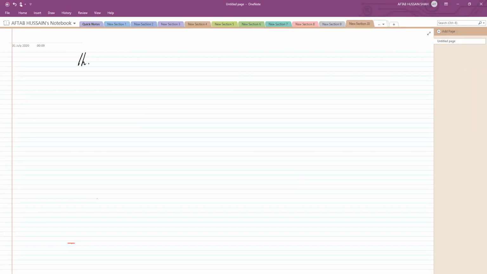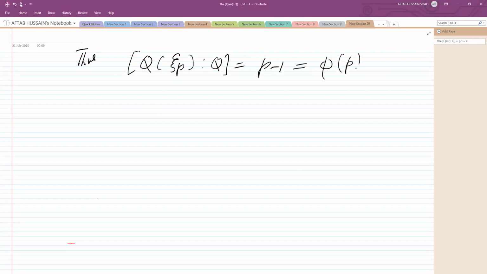So thus the degree of extension of Q(zeta p) over Q is p minus 1, and p minus 1 is phi of p, where phi is the Euler phi function.